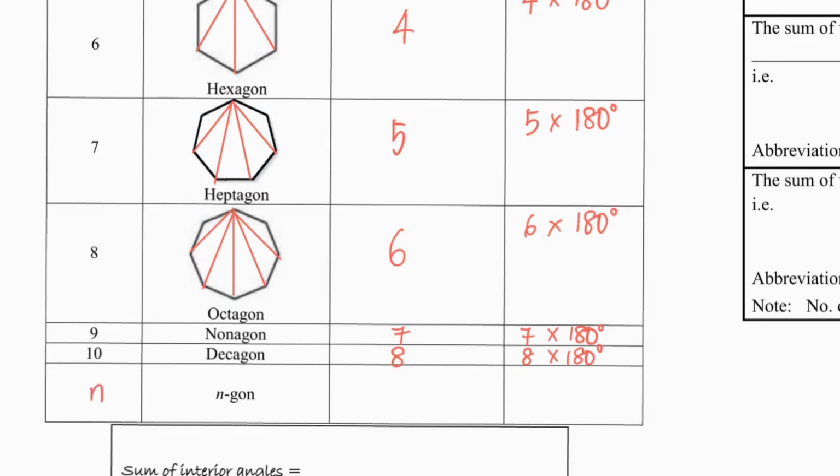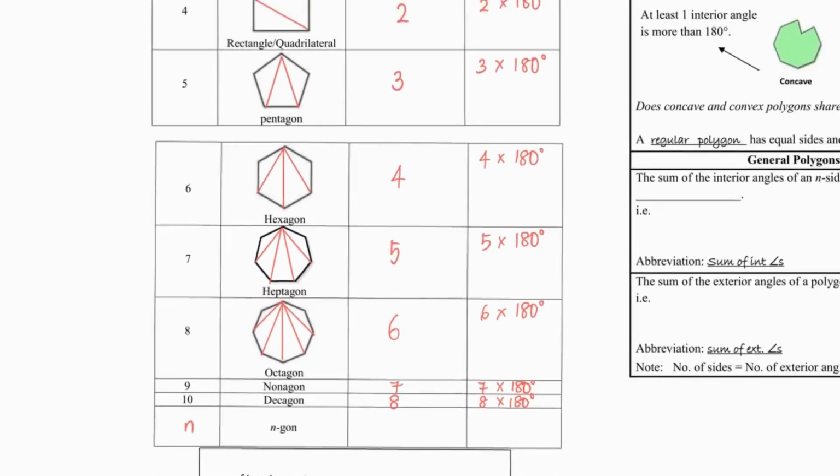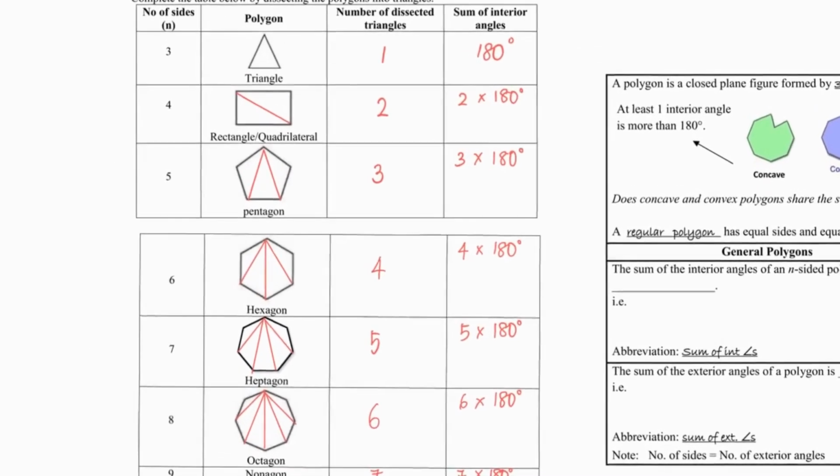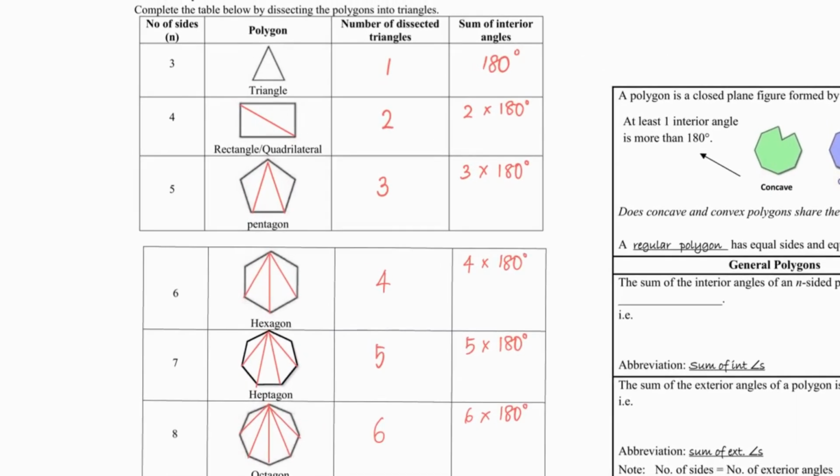let's start to look at the whole pattern again. If the number of sides is 3, then I will get 1. So what do I do here? What's the number pattern? Minus 2.